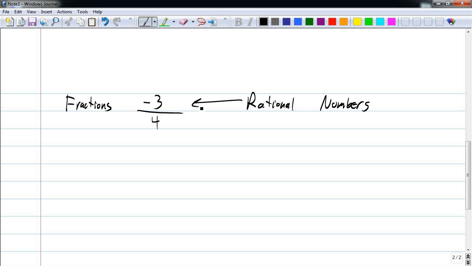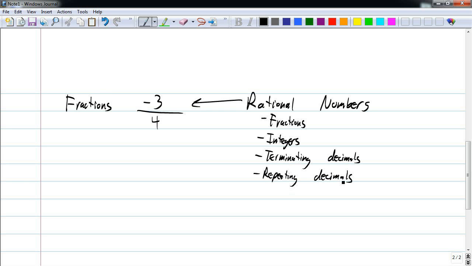Okay, so it consists of fractions, whole numbers, integers, terminating decimals, and repeating decimals. Now let's go through these.